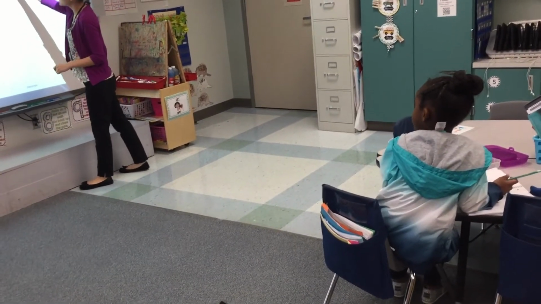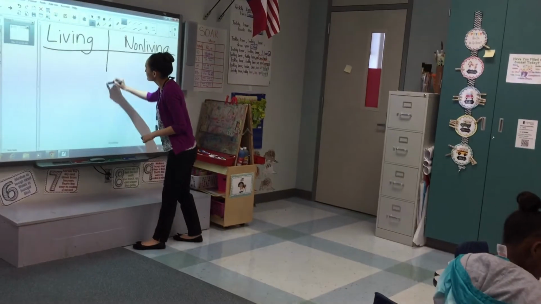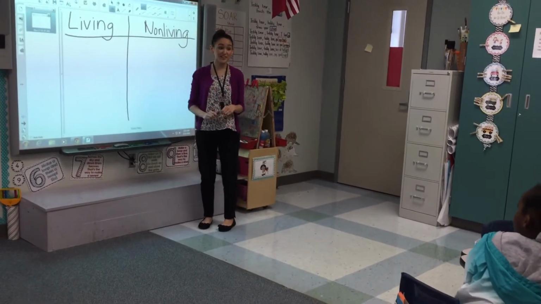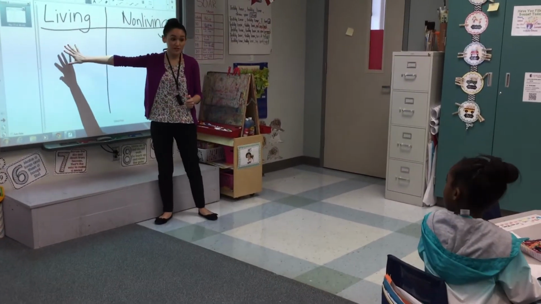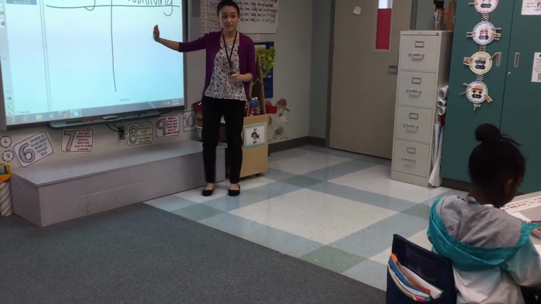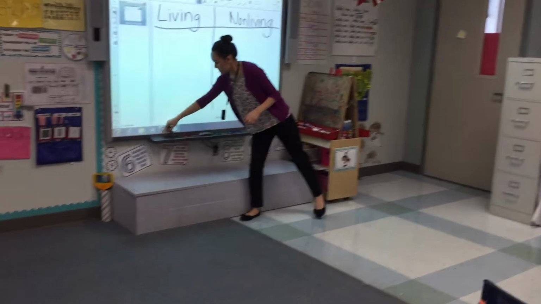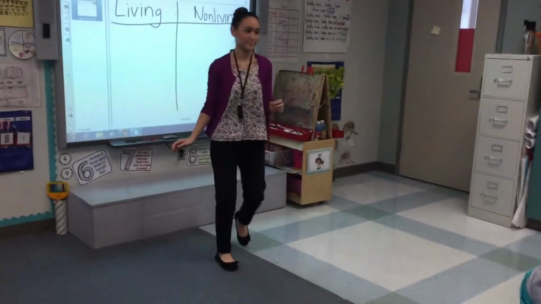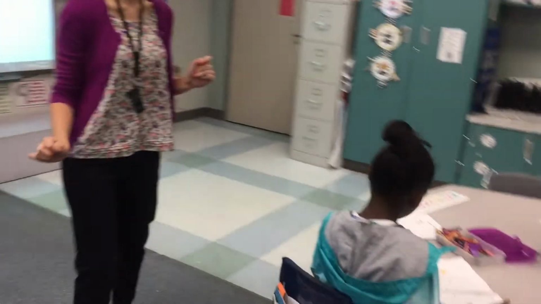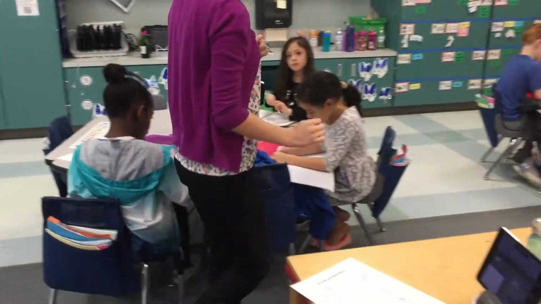And then you're going to draw a line in the middle. So your pictures that are living, they go under the living side. The pictures that are non-living go on the non-living side. All right, get started.